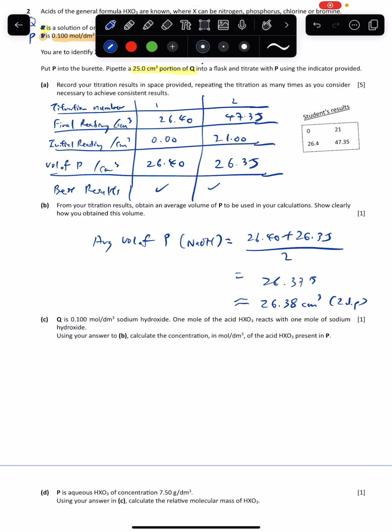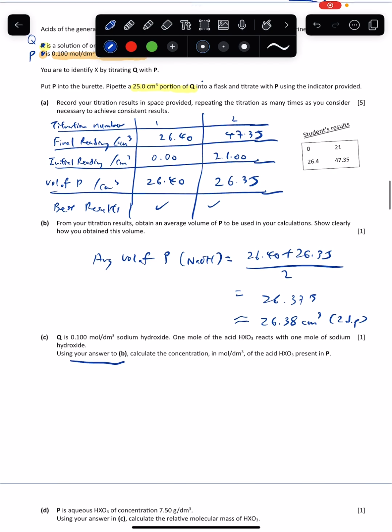Next, you have the concentration. Use your answer. Shucks, another mistake.